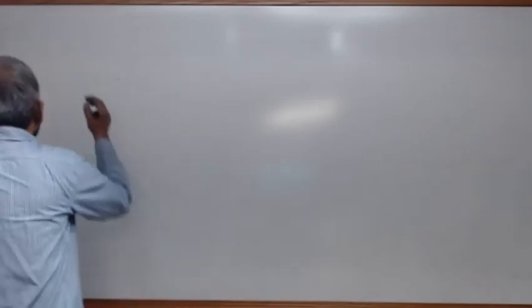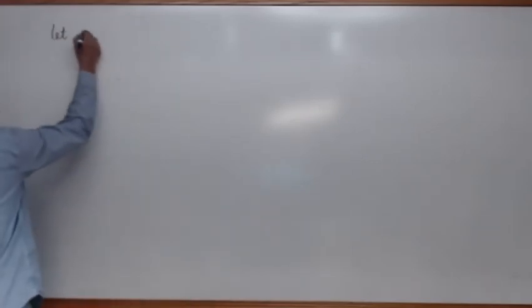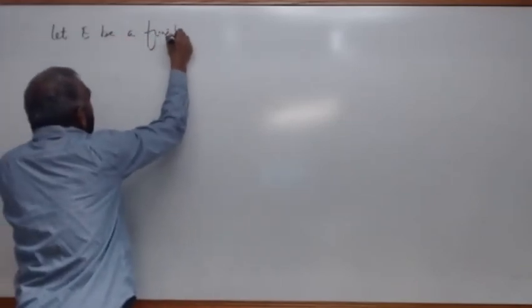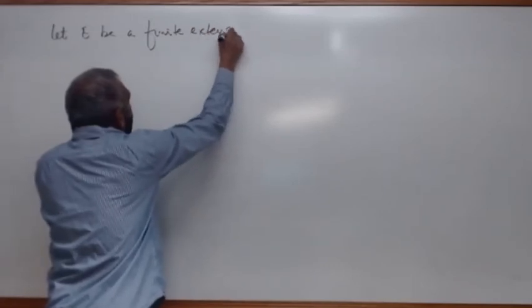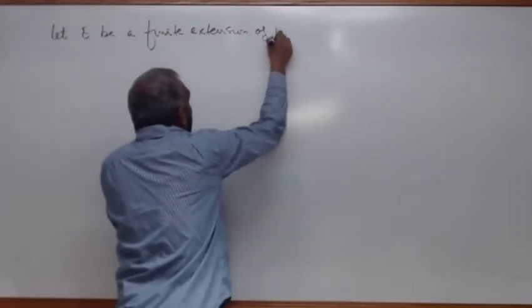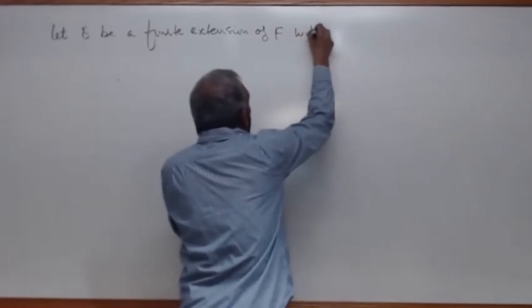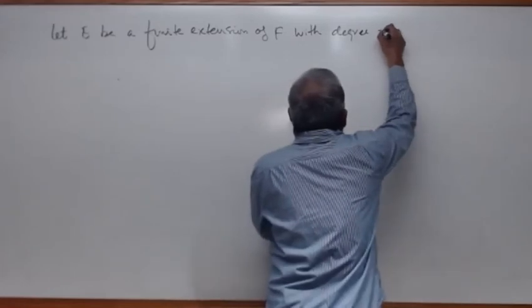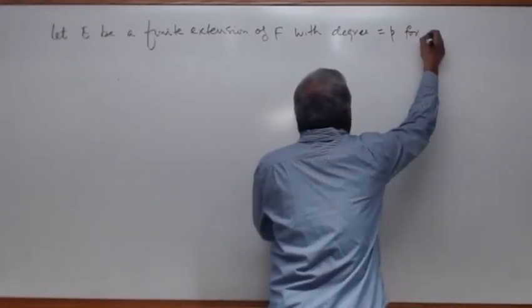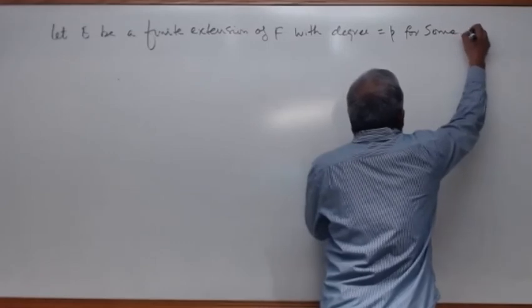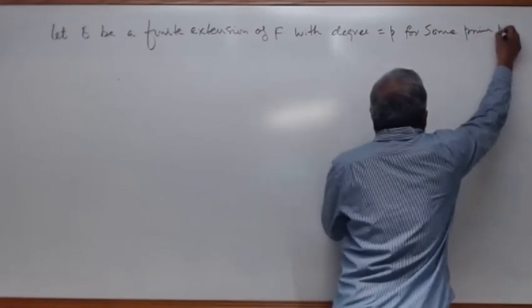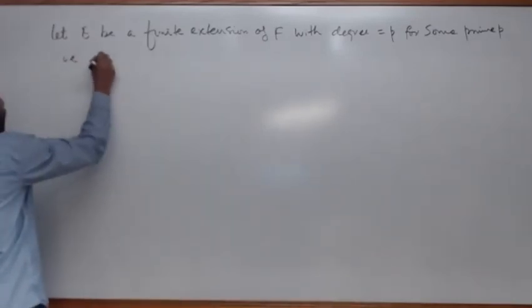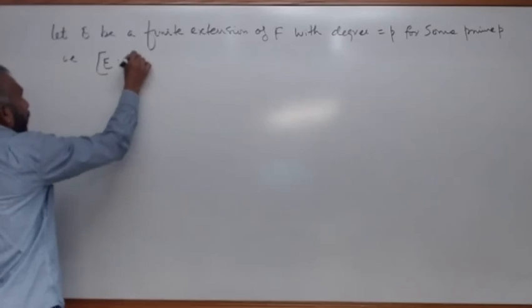Let us do a problem. Let E be a finite extension of F with degree equal to p for some prime p, that is, [E:F] is equal to p.